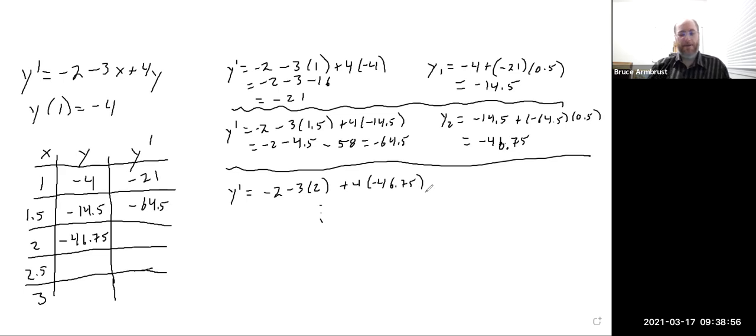And I think you guys are probably bored and tired of seeing me do this. But you see the process. So at each new point, we calculate the slope. Then we use that slope with our step to figure out our new y value, and then repeat the process.